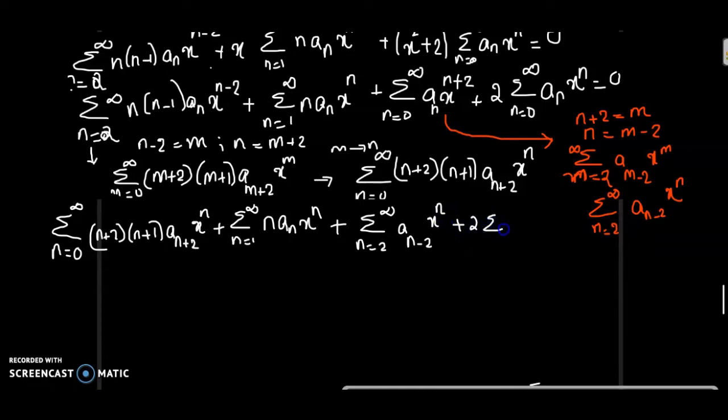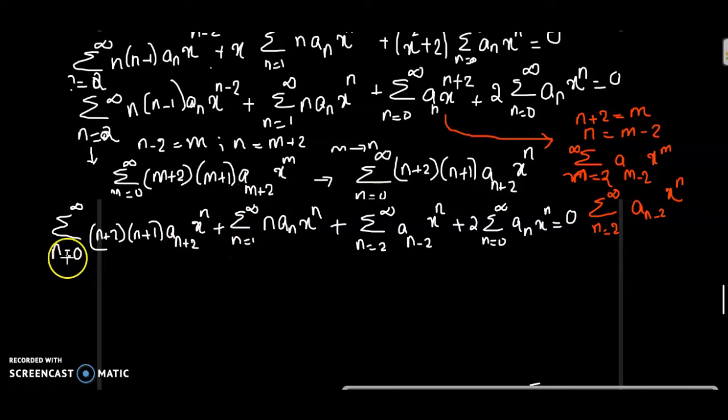The last term is the same, sigma n equal to 0 to infinity a n x raised to n, equal to 0. Now we have changed all the powers to x raised to n. Now that is all set.